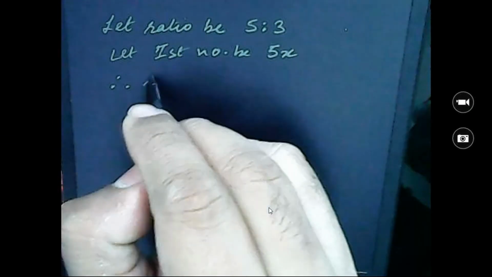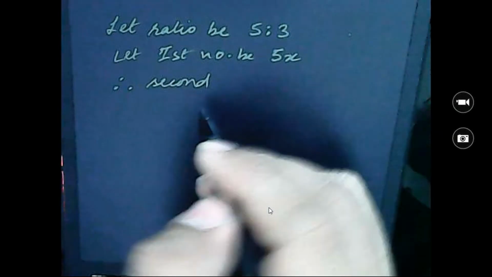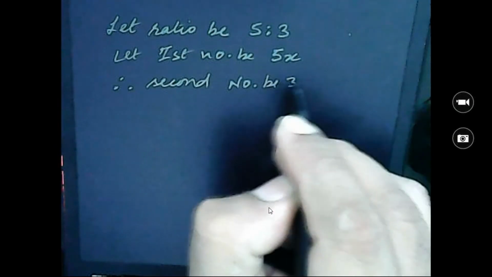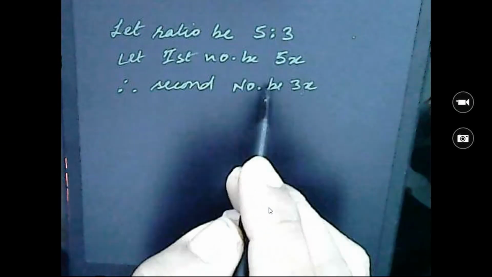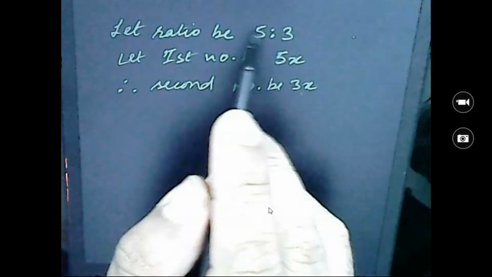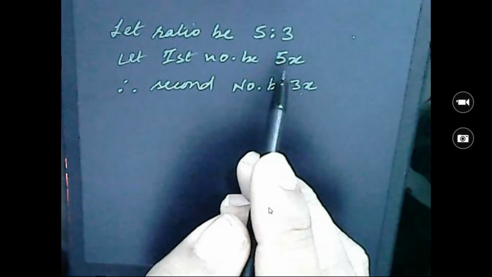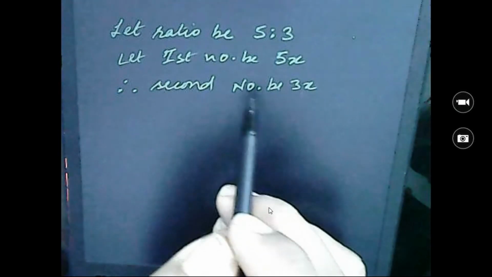Therefore, the second number be 3x, right? Then only you will be able to get this kind of ratio. Divide 5x by 3x, you will get 5:3. That's it. Okay, what the question is saying to you is that these two numbers actually differ by 18, right?